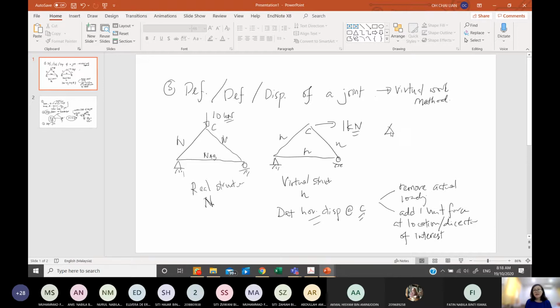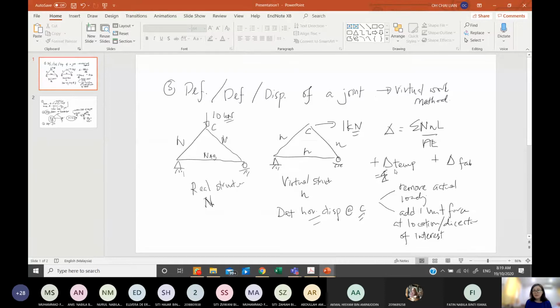Then we apply summation N L over AE, to sum up the effects from all the members. Of course, you are also exposed to dealing with temperature and fabrication error. Maybe we can put in the equations here.